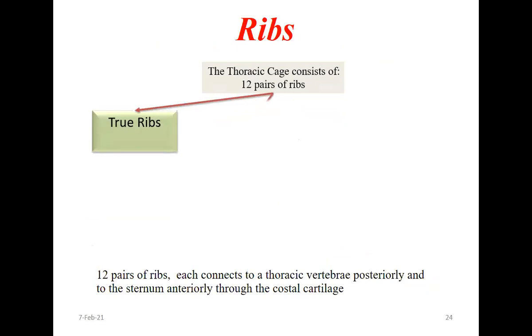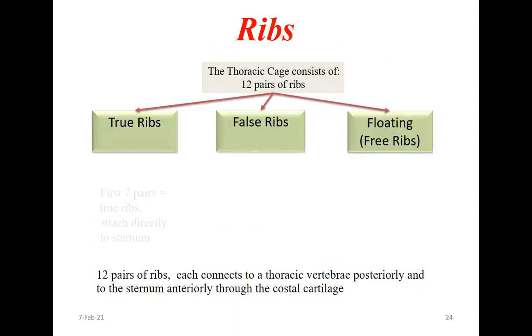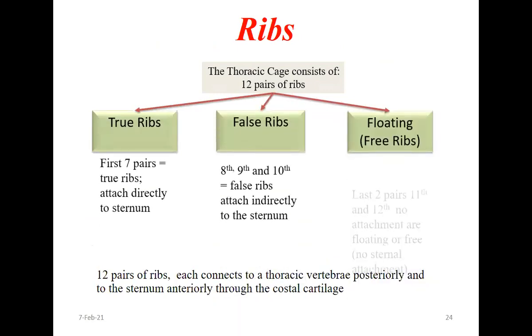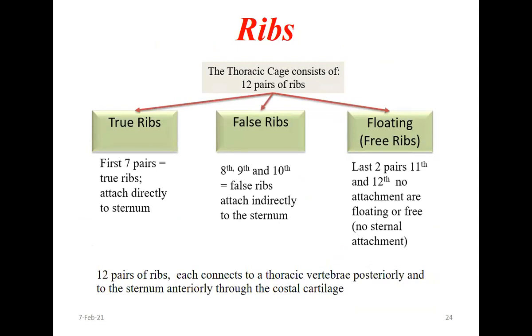Coming to the ribs, the ribs are divided into three types. One is called the true ribs, then the false ribs, and the floating ribs. So there are three types of ribs: true ribs, false ribs, and the floating ribs.